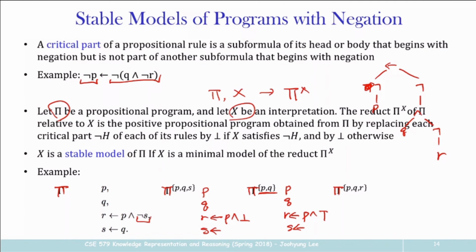First, given this interpretation, find the critical part, and then using this interpretation, check whether this critical part is true or false, and then replace each such part with bottom or top. Then you get the reduct, and now you go back to the previous definition of stable model. Check whether X that you started with is the minimal model of the reduct. If all these conditions are true, then X is a stable model, otherwise it is not.